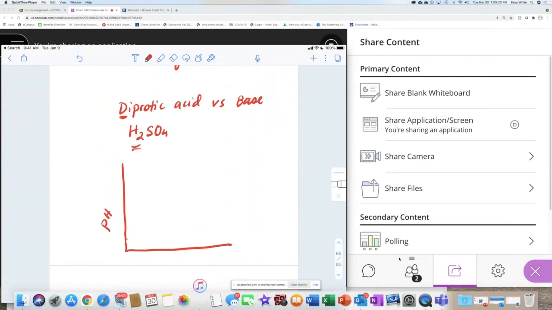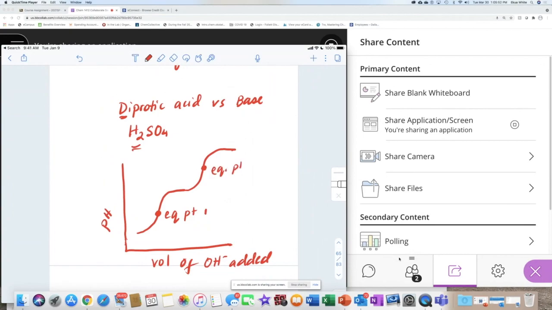Once again, this is pH versus volume of sodium hydroxide added. Let me be consistent. So this is my first curve, this is my second curve. You can see first inflection point, second inflection point. These are equivalence point 1, equivalence point 2. This is how a diprotic acid versus base looks.